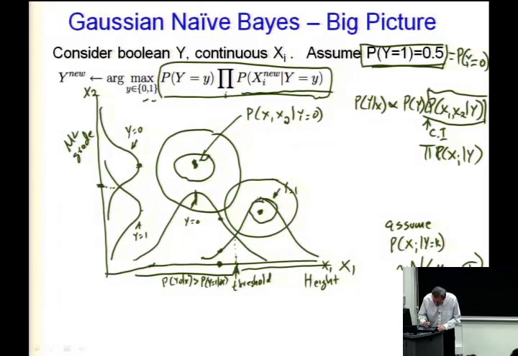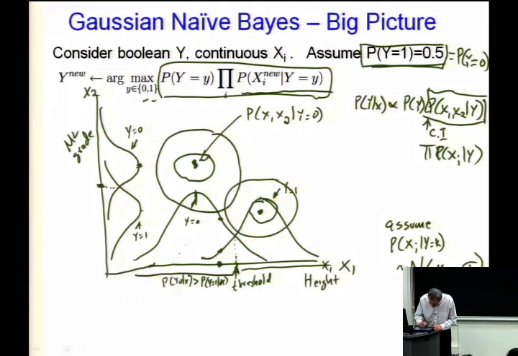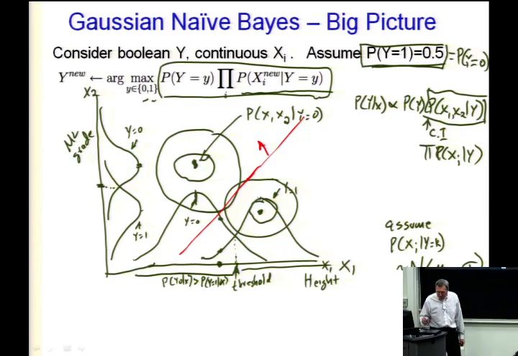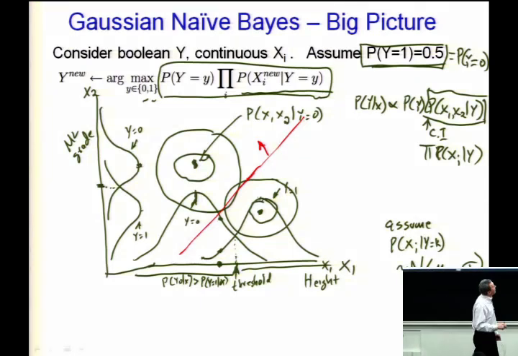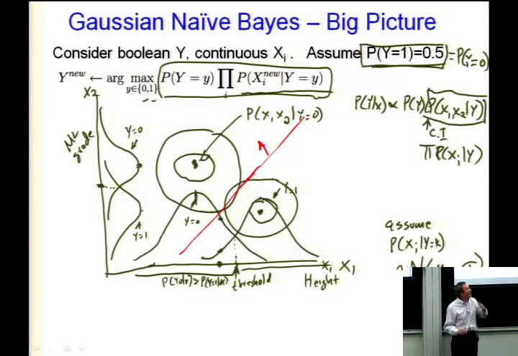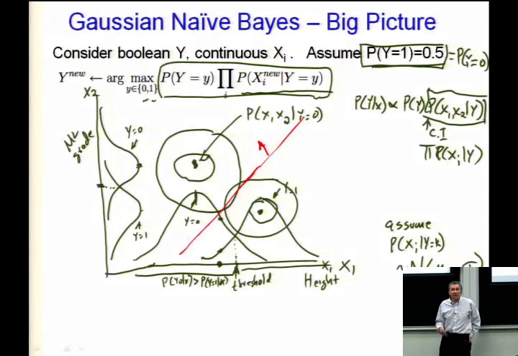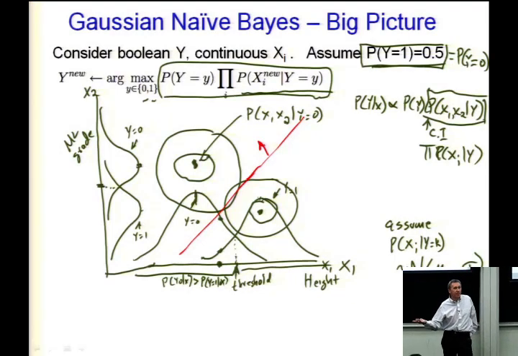And in that case, it turns out the decision surface, so I guess it's time to change ink color, then the decision surface is just going to be some straight line. On one side of this line, it's more probable that we'll observe the x's given the assumption that y equals 0. And on the other side of the line, it'll be more likely that we observe the x's given that y equals 1.